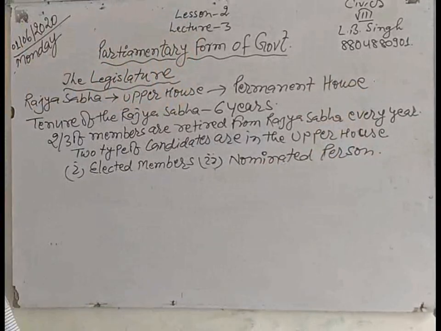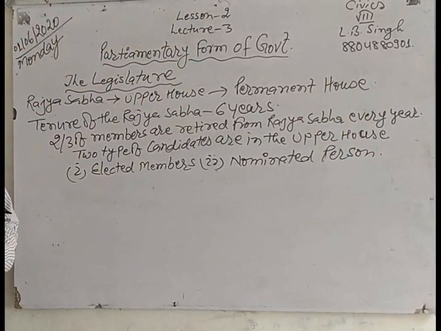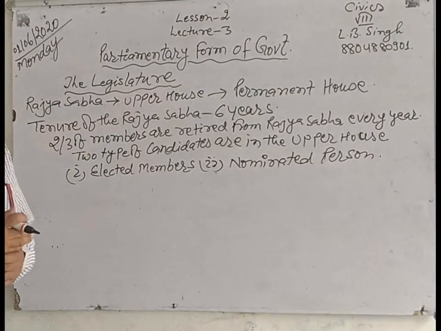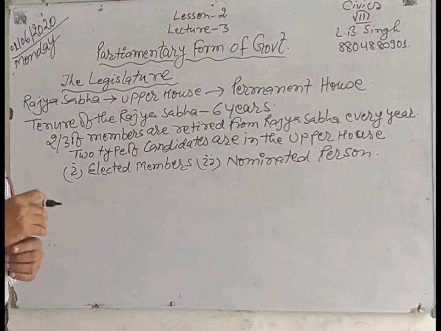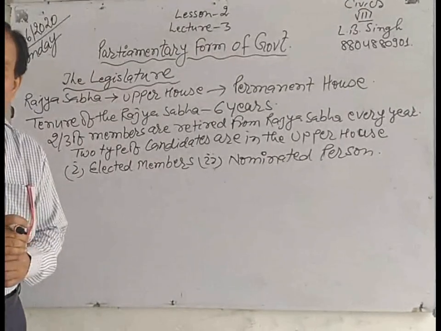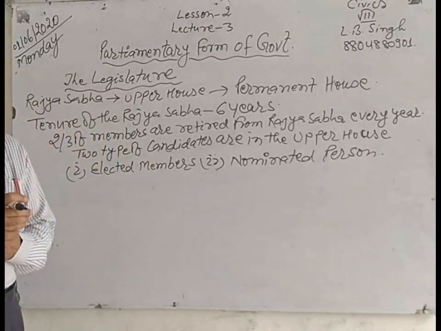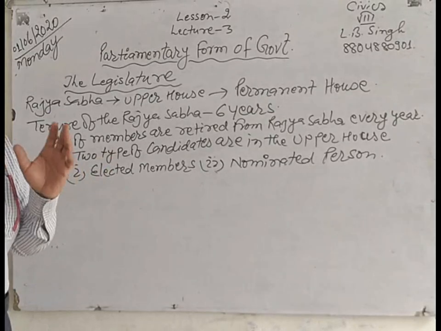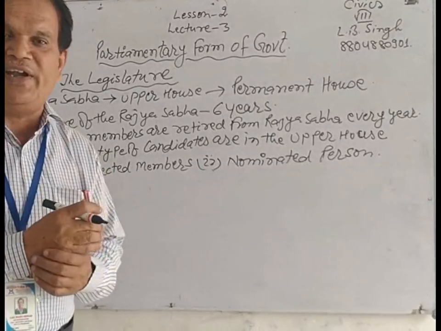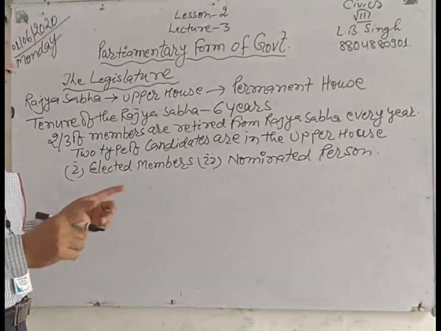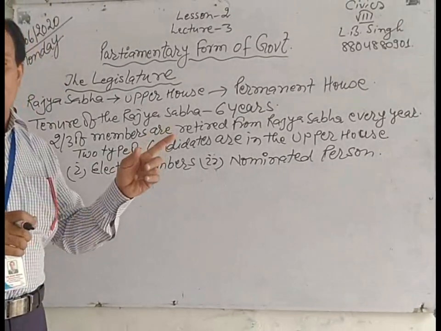You should know that the president is the chairperson of the Rajya Sabha. You have to find out the name of the vice president of India. Do you know? Mr. Venkaiah Naidu is the vice president of India, and he is the chairperson of Rajya Sabha.